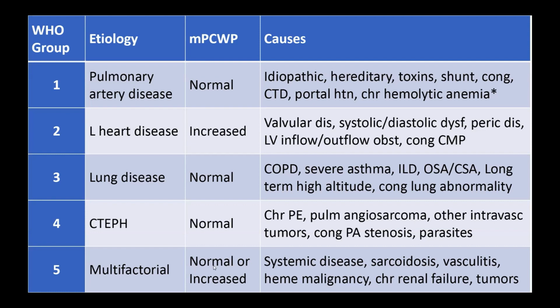That's why the pulmonary capillary wedge pressure could be normal or increased. So these are the groupings. 1 is the artery itself, 2 is heart, 3 is lung, 4 is obstruction, and 5 is everything else. Hemolytic anemia has a star because it's sometimes labeled as 1, sometimes labeled as 5.